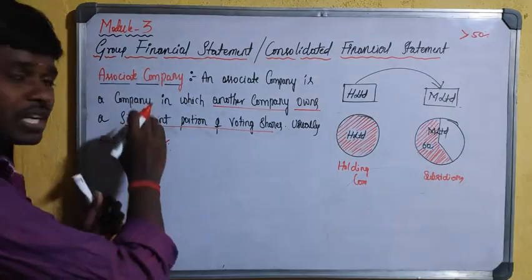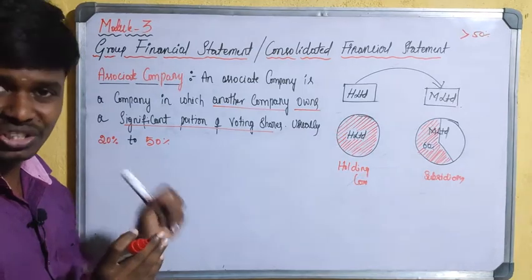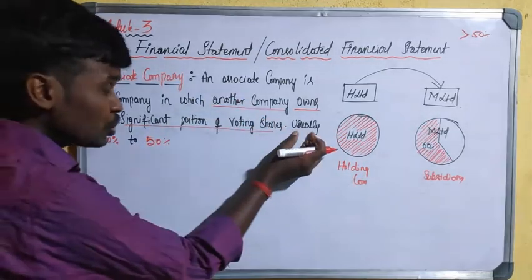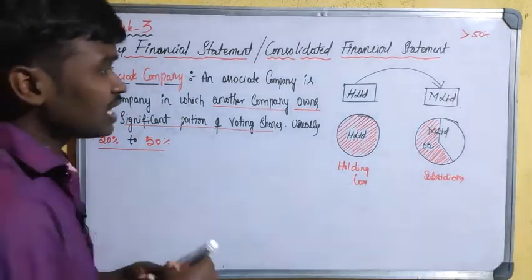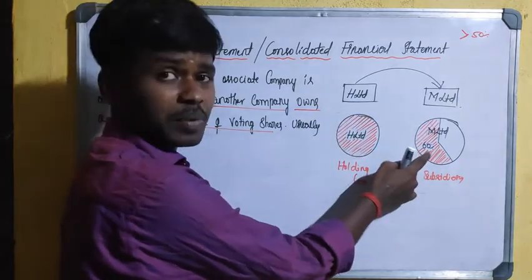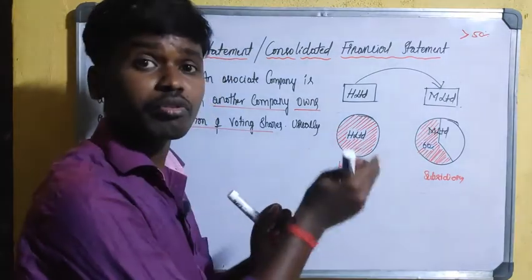Okay, so associate companies also hold a significant portion of voting shares or share capital in another company, usually 20% to 50%. See, in this example, H Limited owns 60%, that is, a majority of share capital in M Limited, that is, above 50%.